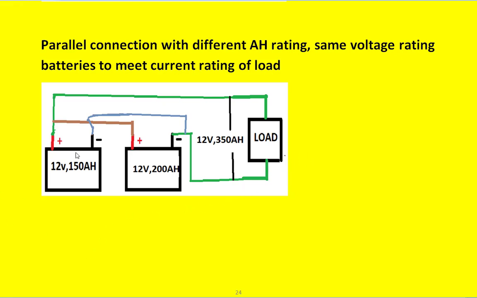See, the positive terminal of this battery is connected to the positive terminal of this battery, and the negative terminal of this battery is connected to the negative terminal of this battery, and the common positive terminal is going to the load, and similarly the common negative terminal is going to the load, and the load voltage rating is 12 volts. So now the two batteries put together can supply 350 amperes for 1 hour.